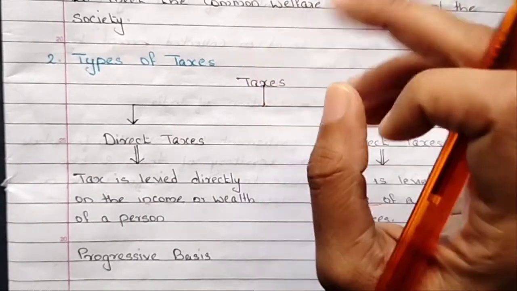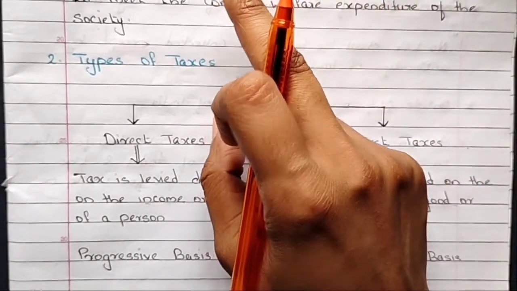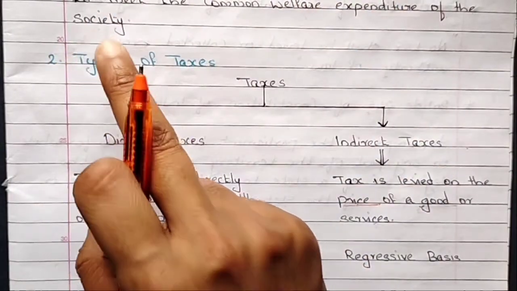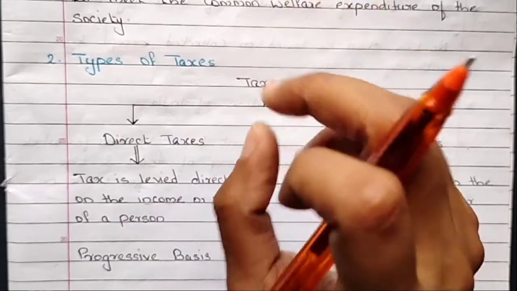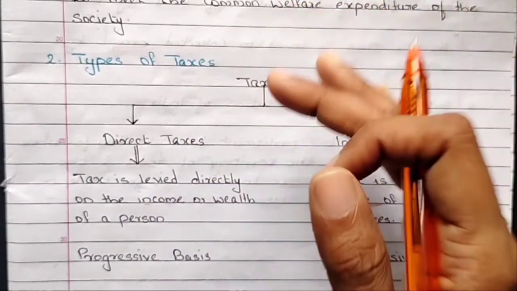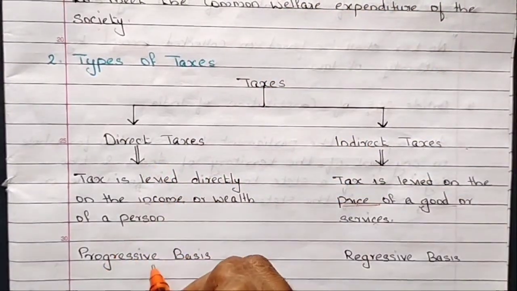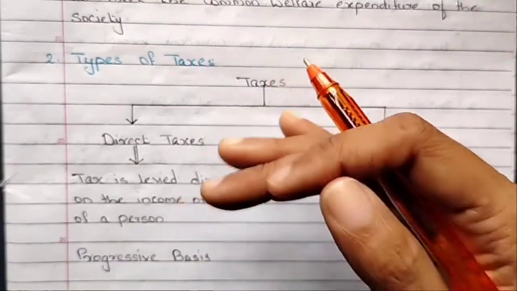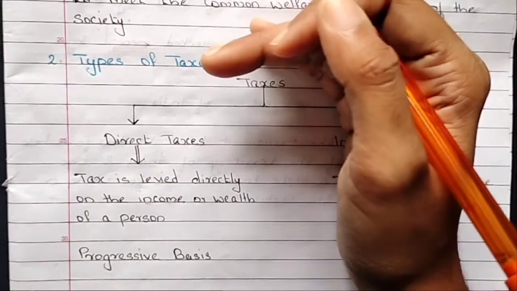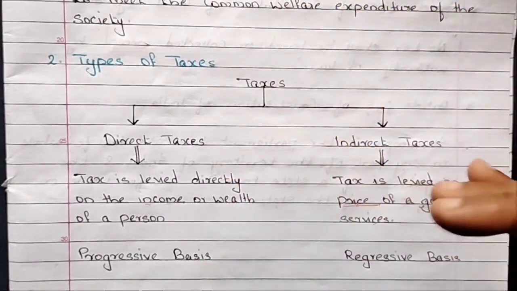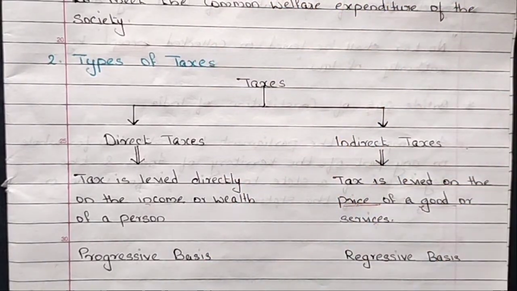That is, there is a direct relationship between the income earned and the tax paid by the person. Now, in case of indirect tax, it is regressive in nature.